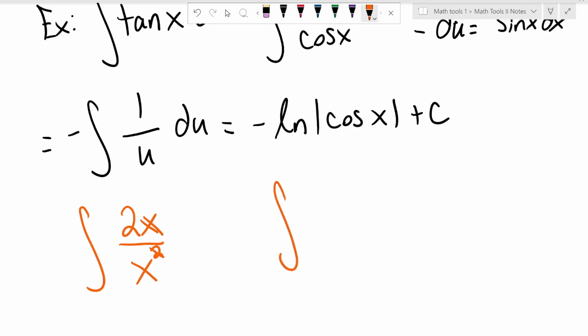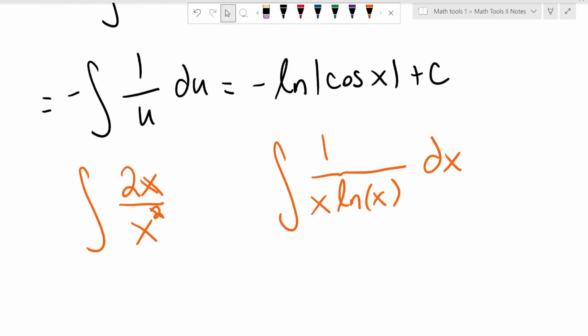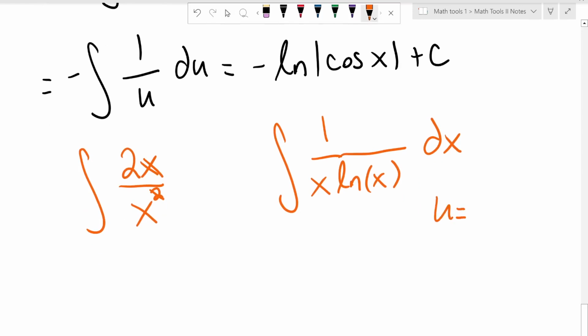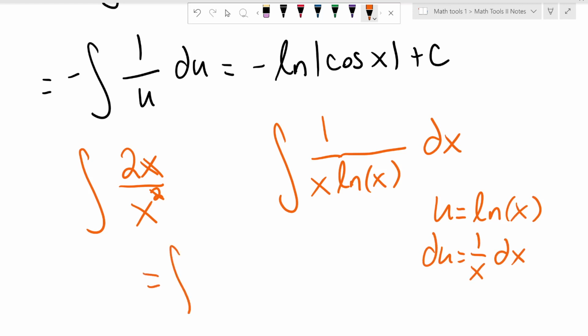So like if we were doing maybe something like 1 over x natural log of x dx. For this one, we can let u be equal to the natural log of x, and then du is equal to 1 over x dx. Okay. So then we're going to have the integral of 1 over u du again.